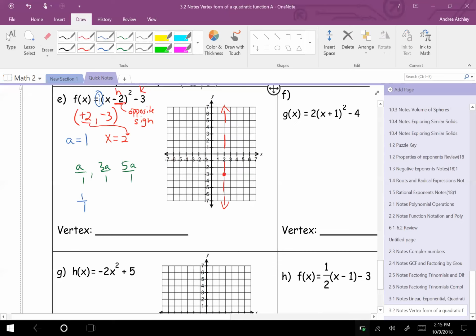So this step, I go up 1 and to the right 1, and up 1 and to the left 1. The next is 3 times 1 over 1. So from that point, I'm going to move up 1, 2, 3 and over 1. Up 1, 2, 3 and over 1.